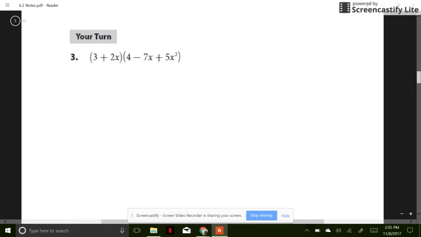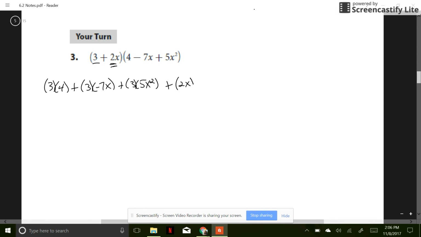So mostly you just need to practice these. So here, if we want to multiply, I'm going to take the 3 and multiply it by each of the terms in the other polynomial. So I'll take 3 times 4 first, plus 3 times negative 7x, plus 3 times 5x squared. Now I'll multiply the 2x by each of the terms.